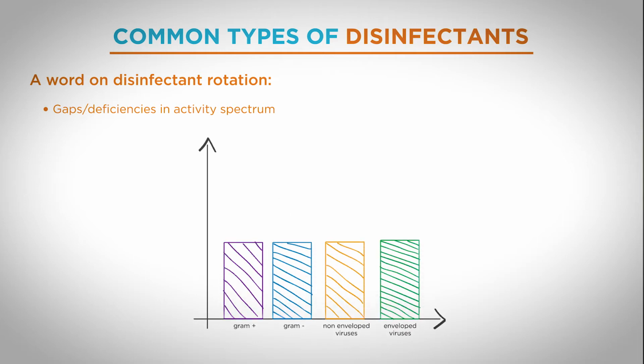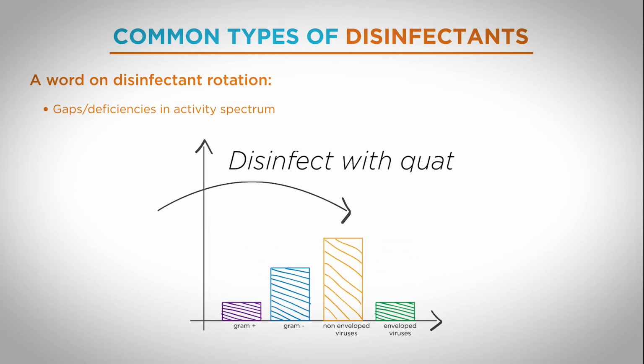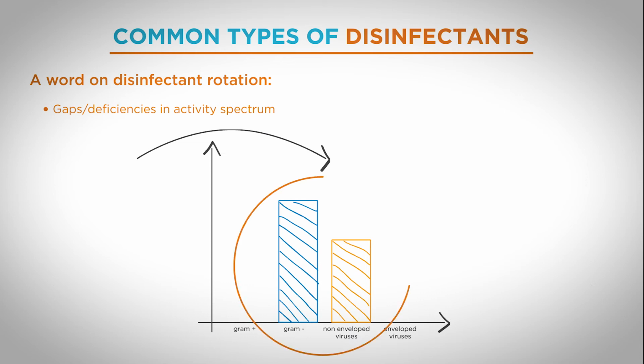Quats have a gap in activity against gram-negative bacteria and against non-enveloped viruses. Continual use of a quat disinfectant as part of the environmental disinfection program will result in the selection of gram-negative bacteria and non-enveloped viruses and build up their background numbers. At this point, it's necessary to switch disinfectants.